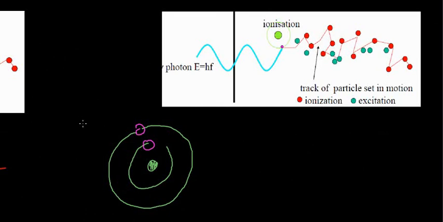One of them is going to be the photo effect, where it imparts all of its energy and causes an electron to shoot out. Or it can interact in a Compton effect, where it just transfers some of its energy, loses some energy, keeps on going, and one electron is shot out, and then maybe it interacts with another atom and another electron is shot out.